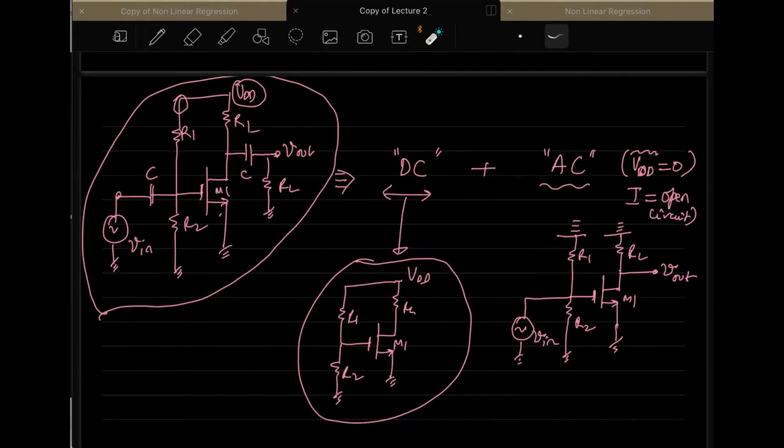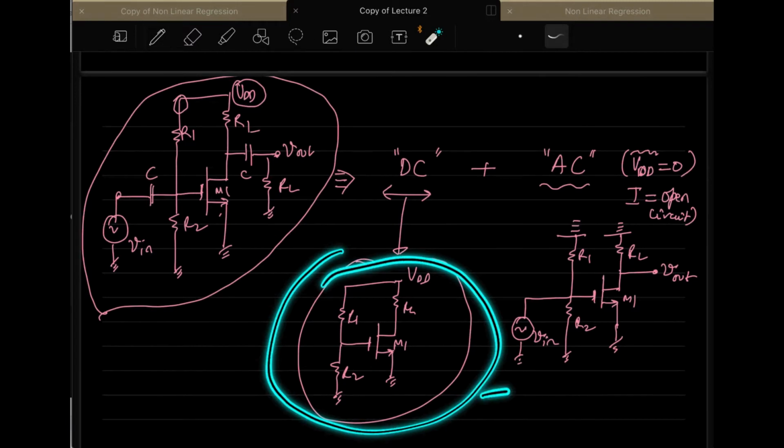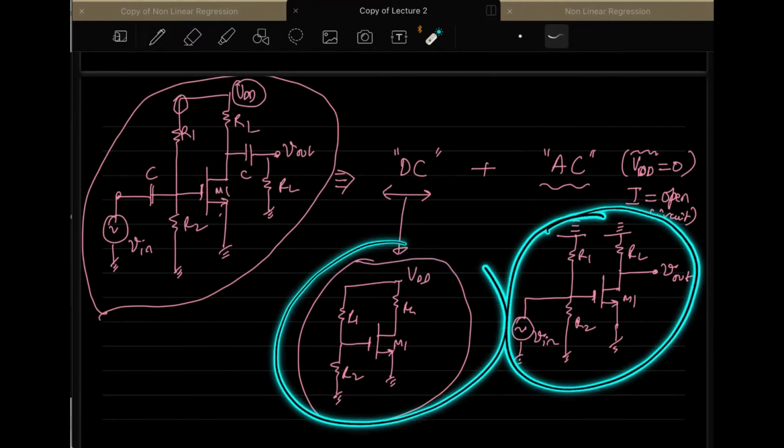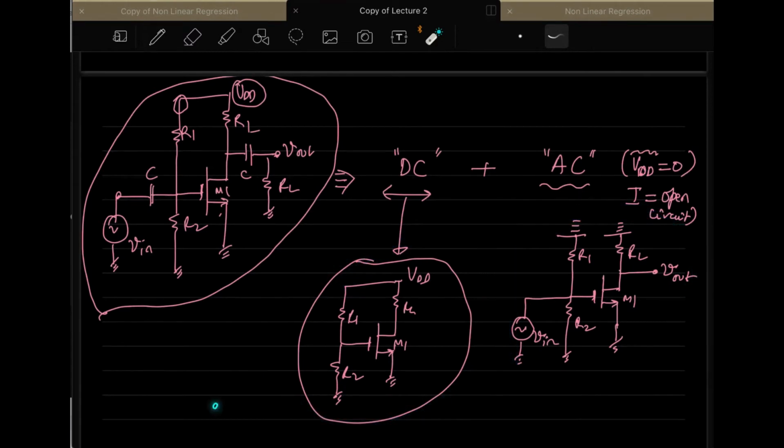So inherently it is operating that way, that is DC plus AC. You are not able to see it, but this DC plus AC combination is happening inside, and it's working collectively to get you this. So this is what happens.